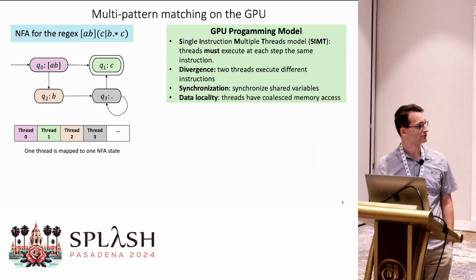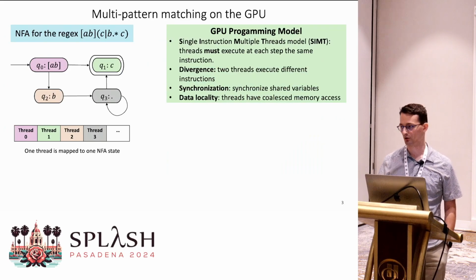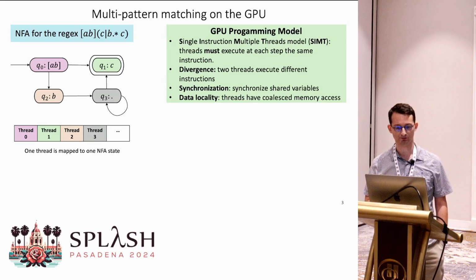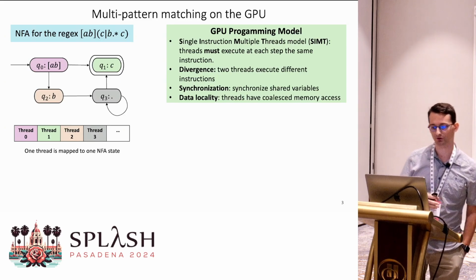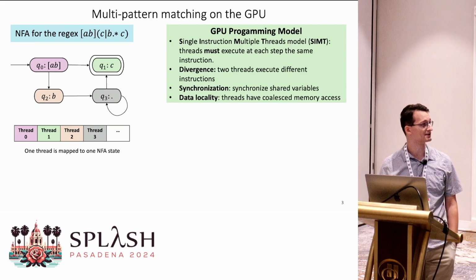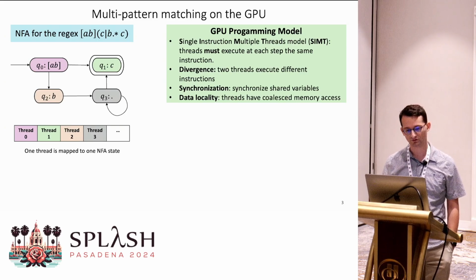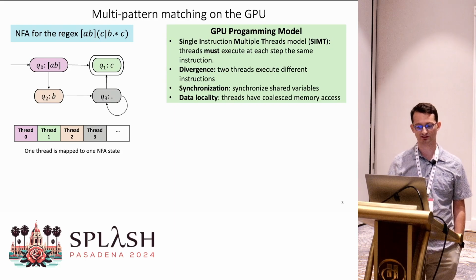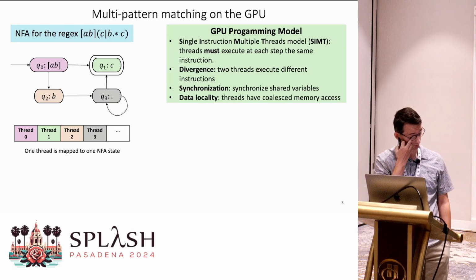First, let's talk a bit about the GPU programming model to understand how we can do NFA simulation on the GPU. It is often referred to as single instruction, multiple threads, because we have many threads that must execute the same instruction at each step. There are several problems that can occur when you write a program on the GPU.